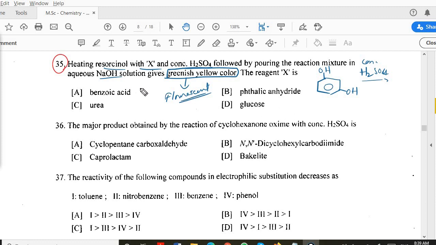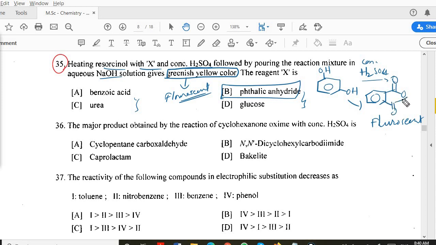With the usage of all these combinations, phthalic anhydride is the system which can form fluorescein. Okay, fluorescein. So with the phthalic anhydride, you are going to get a fluorescent compound.